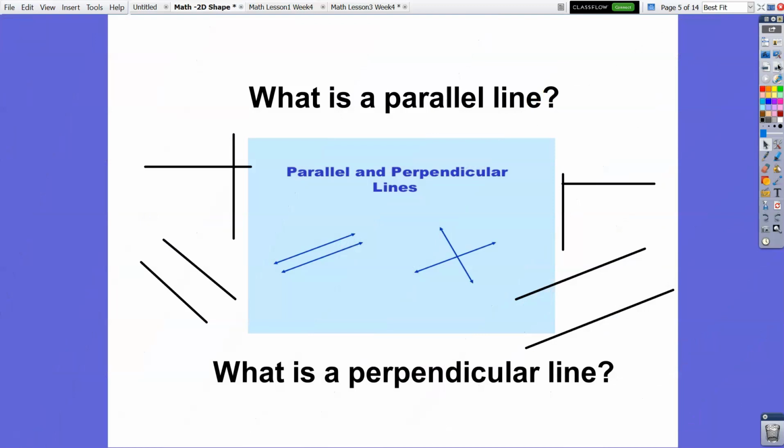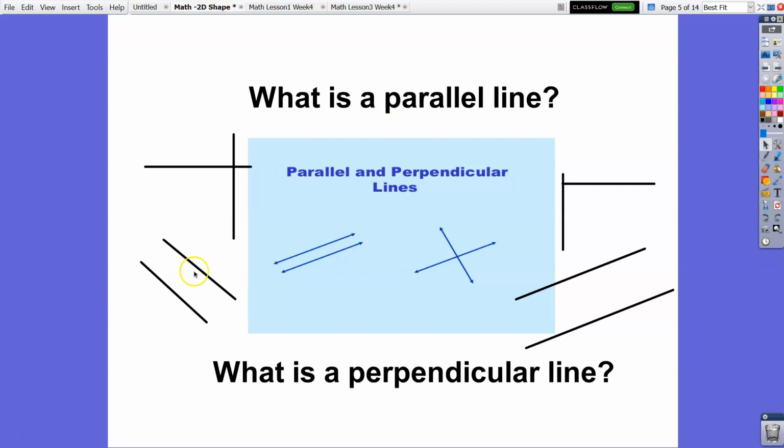What are parallel and perpendicular lines? Time to think. Pause the video and think of your answer. Now time is up. We studied last time that parallel lines are lines that do not meet or connect.